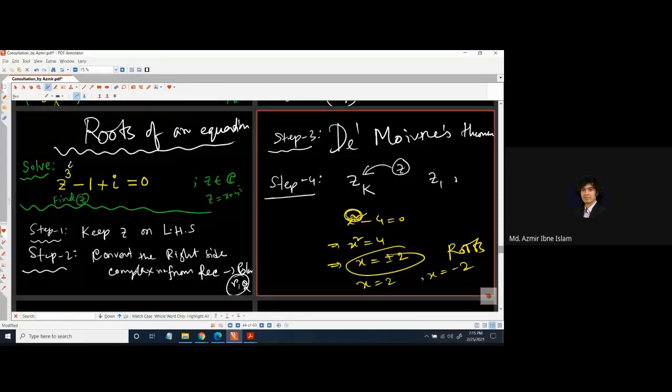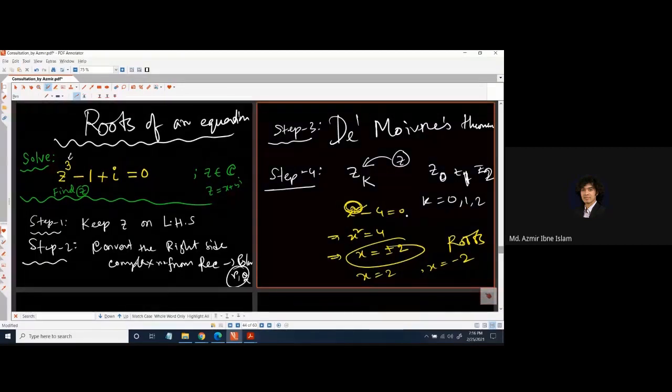Let's say z1, z2, z3, so k equals 1, 2, 3. But the important thing is, don't start with 1. Always start with 0. If we start from 0, it will be 0, 1, and 2. That means k equals 0, 1, and 2. This is the Euler notation.